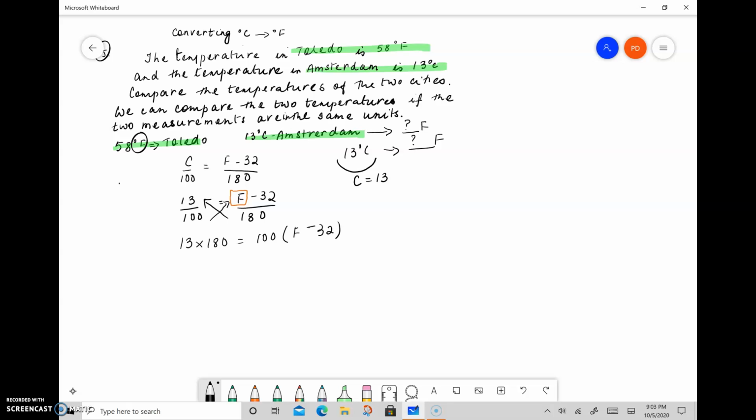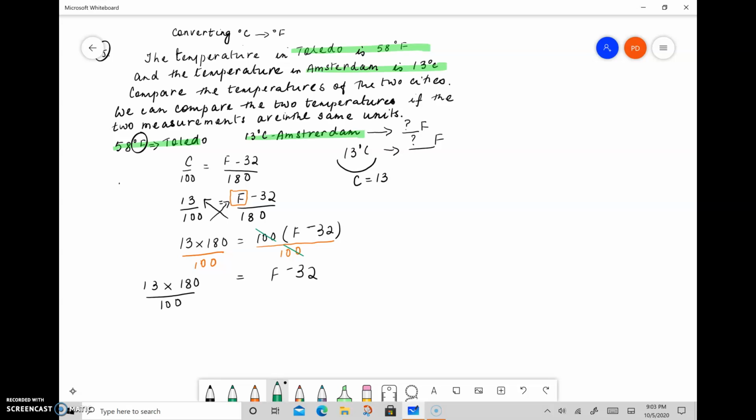First, let us get rid of the 100 on the right hand side by dividing both sides by 100. That cancels the hundreds, and now we are left with F minus 32, which is equal to 13 times 180 over 100.